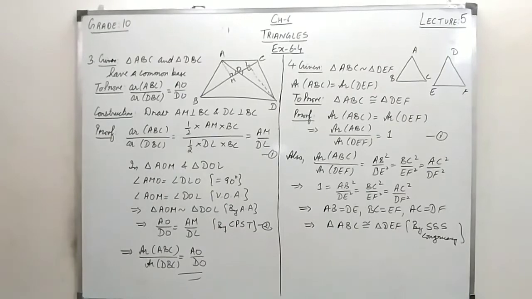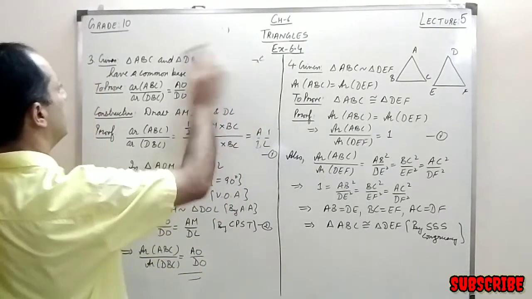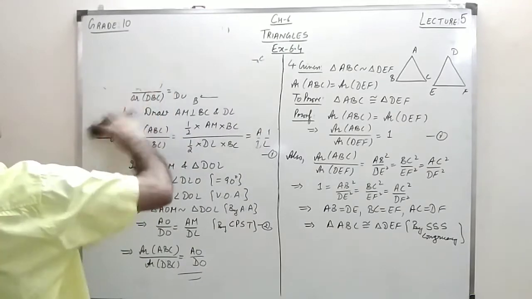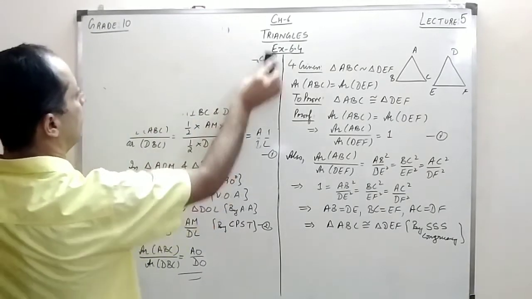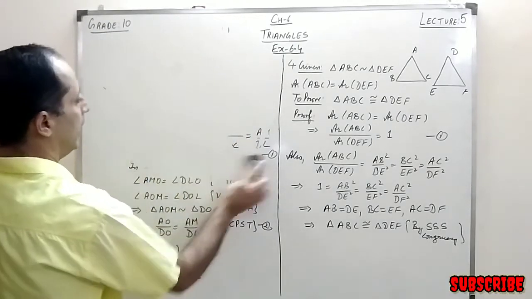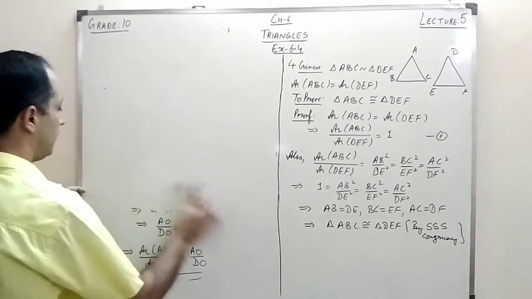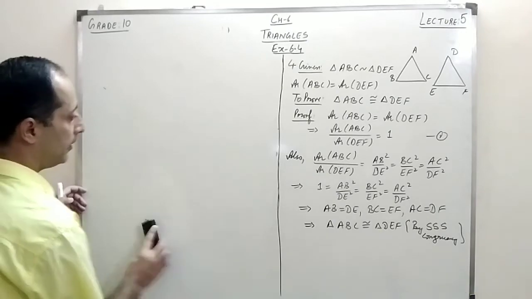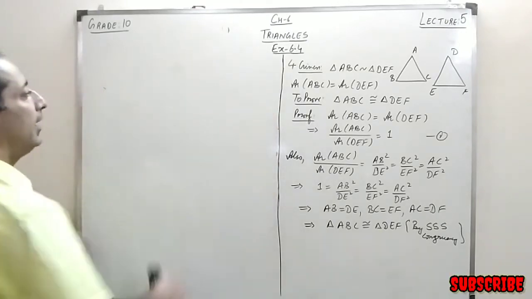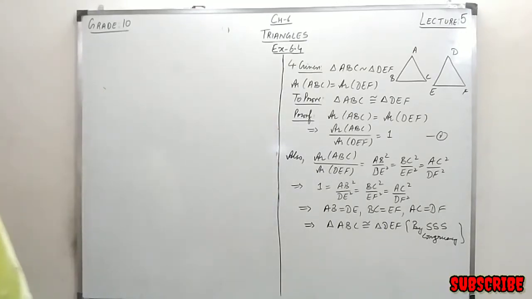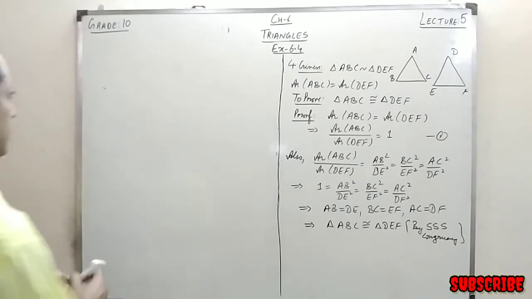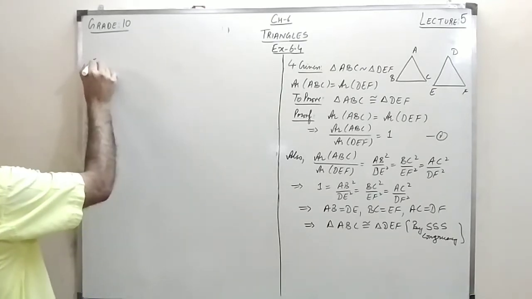In the next question, it's given that we have a triangle ABC and every side has a midpoint, and the midpoints are joined, and we have to find the ratio of the triangle formed using the midpoints and the main triangle. So that's the fifth question.